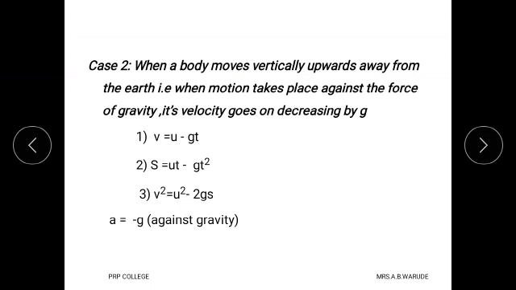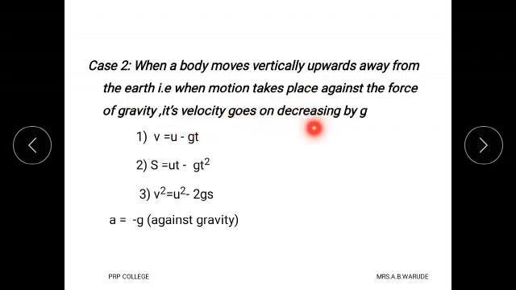Then second case, when a body moves vertically upwards away from the earth, that means when motion takes place against the force of gravity and its velocity goes on decreasing by g. When an object goes in upward direction, it is opposite to the gravitational force, and therefore its velocity goes on decreasing.